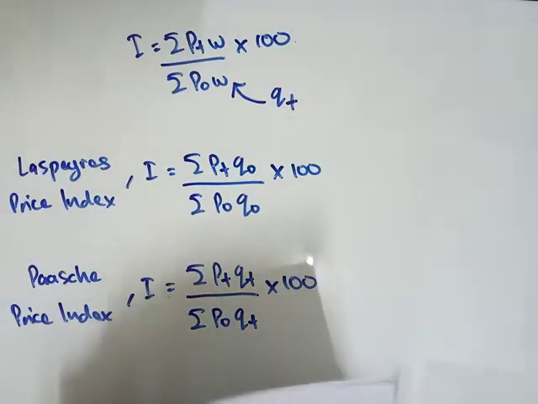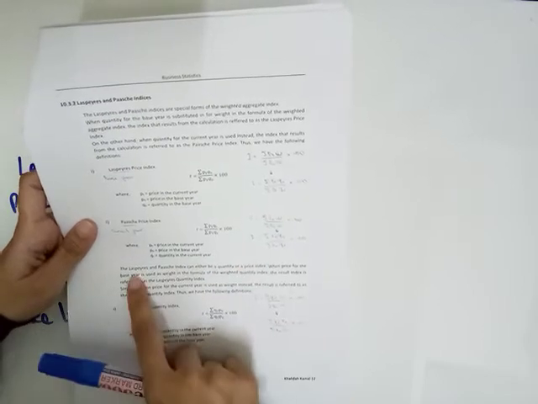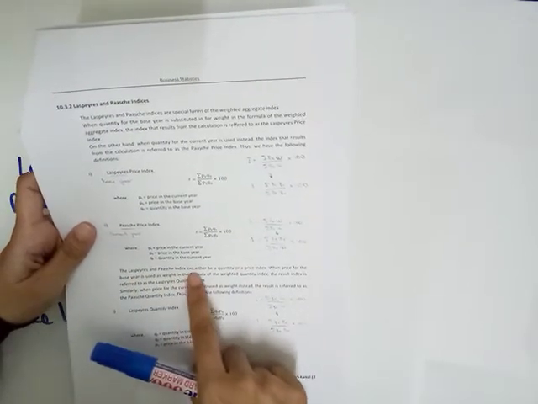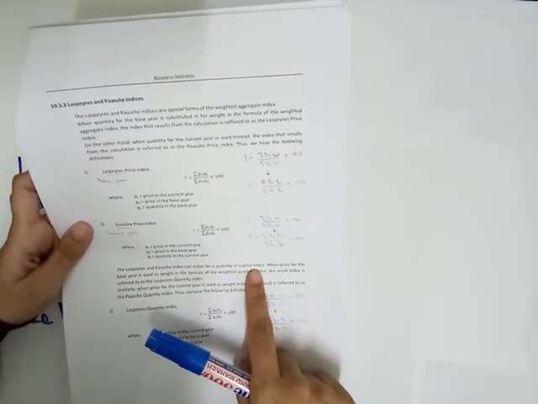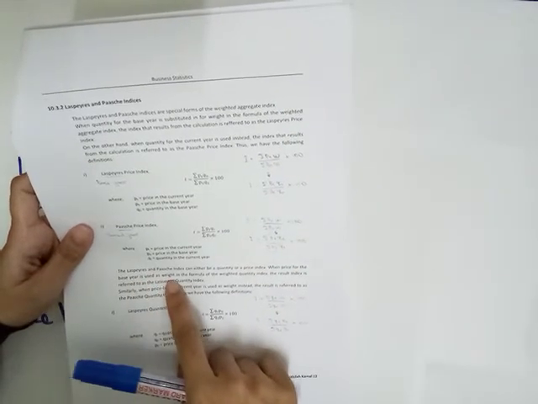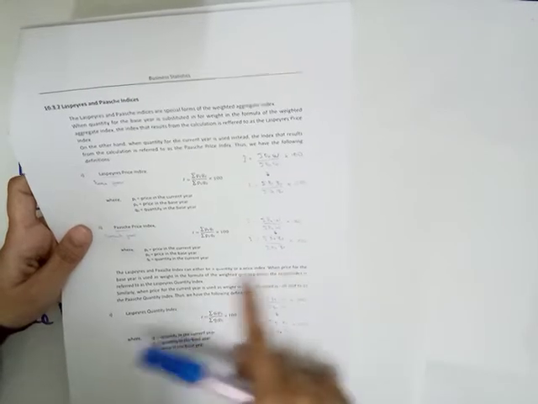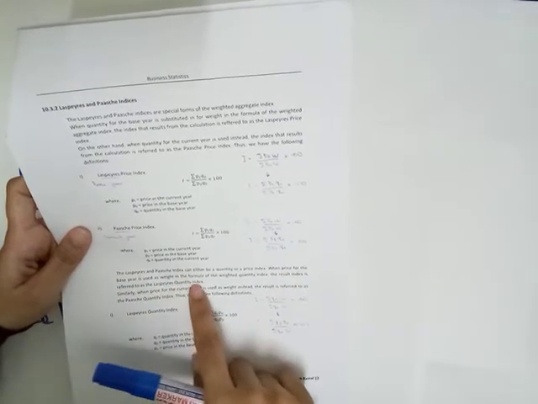Okay, and then look at notes yang kat bawah ni pula. The Laspeyres and Paasche index can either be a quantity or a price index. When the price for the base year is used as weight in the formula of the weighted quantity index, the result index is referred to as Laspeyres quantity index.